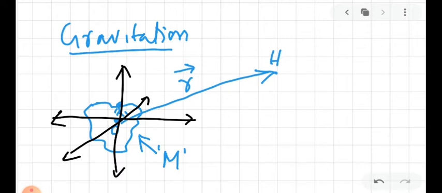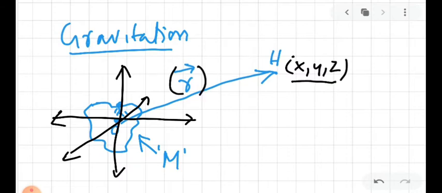I don't know, maybe it's at one of the 4 corners. Let us not get into too technical details, but this point h is one among the infinite number of points in this sea of points. So h can have a coordinate value, some x, some y, some z. We do not know yet. And the vector r is itself represented using these coordinates.